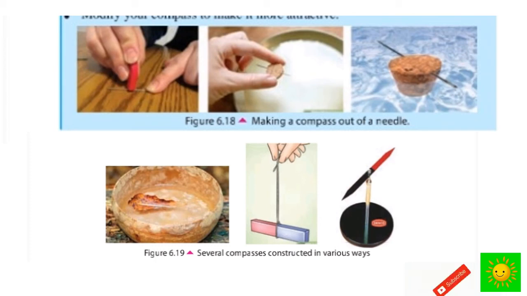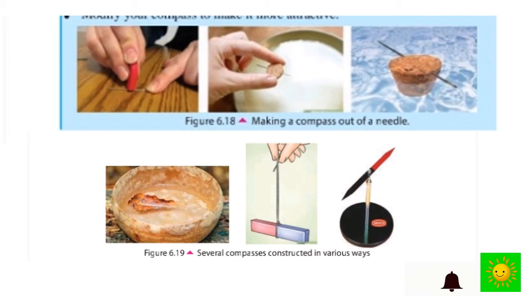Cut a thin slice of cork bung and fix the needle on it. Float the slice of cork with the needle on the basin of water. Test whether the floating needle always turns in the same direction. Color the end of the needle which always turns to the geographical north with the red paint.